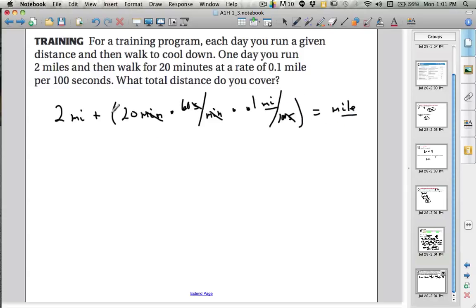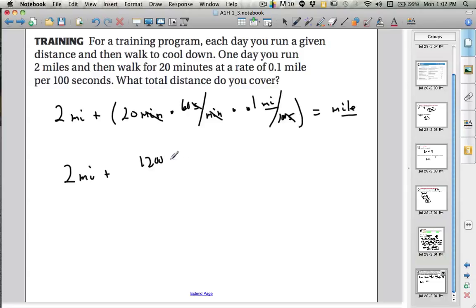Okay, so if I go ahead and work with this fraction, now again, I can multiply out my numerators. So I'm going to have 20 times 60, so that's 1,200. The 2 miles isn't going to change.